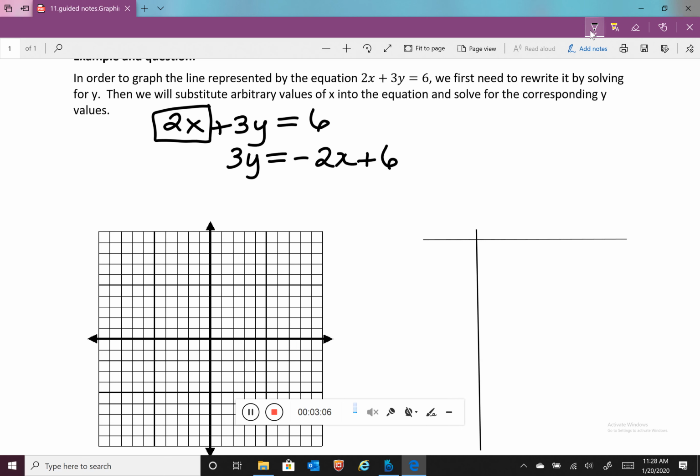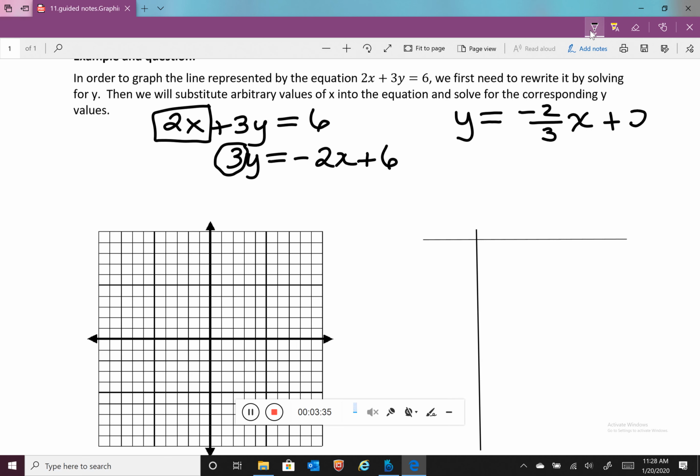Now, in order to get y by itself, we need to get rid of this 3, and so we're going to undo this multiplication of 3 by dividing all by 3. We're going to divide negative 2 by 3. We have this multiplied still by x, and then we're going to also divide the 6 by 3, which gives us our 2.